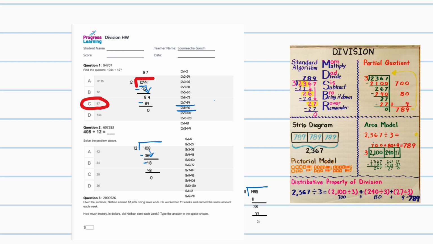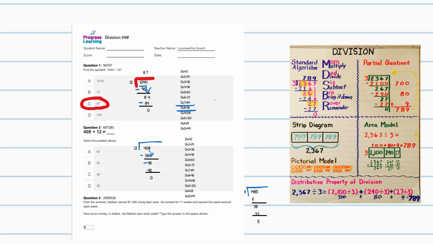Whatever that number is, please put it above the 0 because we're going into 40 first. Then we did the subtraction and we got a 4. And then we brought down the 8 because remember the song goes, bring it on down and then bring it on back. So now we have to see how many times 12 can fit into 48. Look at your multiples. 12 times what number equals 48?